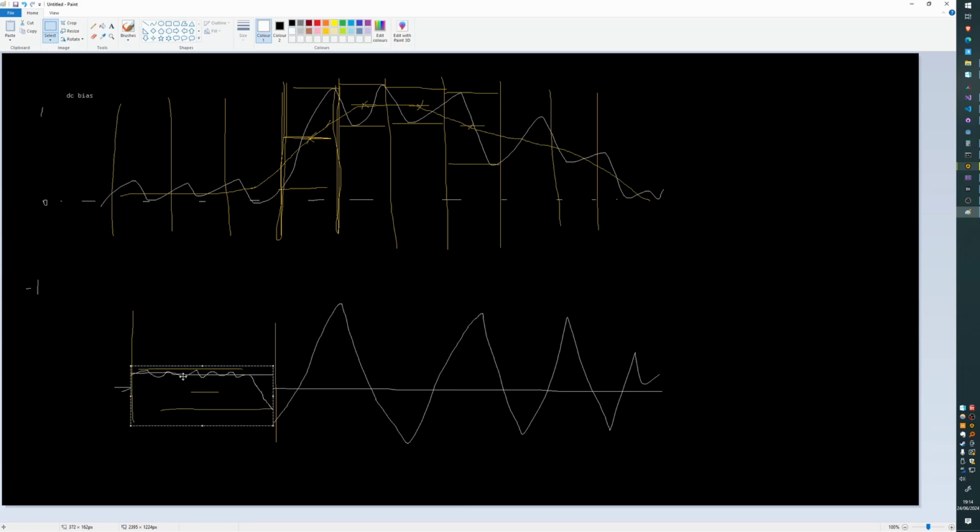And so this entire section would get shifted upwards. Previously we had these parts of the signal going up and down past the center point with these nice zero crossings, which is exactly the kind of thing that I want for the analysis. But now I've adjusted it so that that's not happening anymore. So I've actually removed zero crossings when the whole point of this is to get more zero crossings for the analysis. So what I ended up doing was making the strength of the DC bias correction greater the further from zero it is.